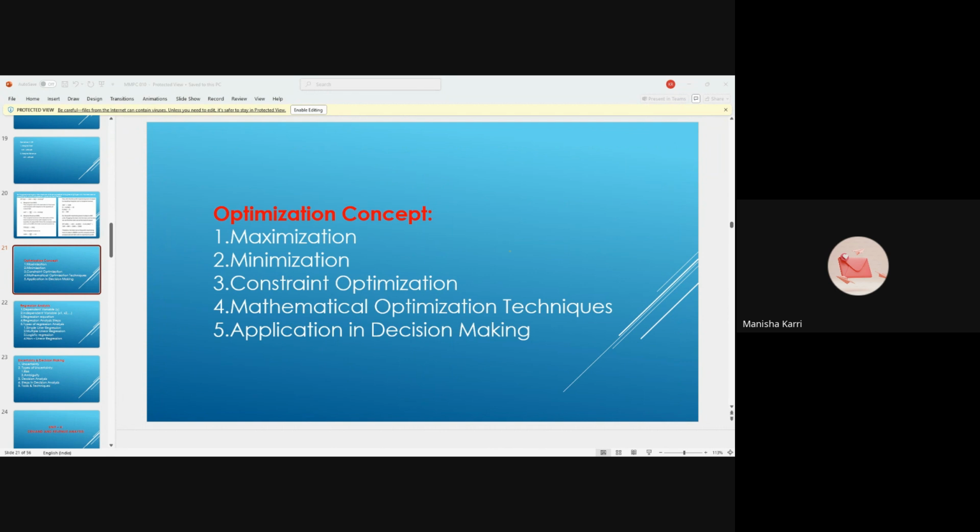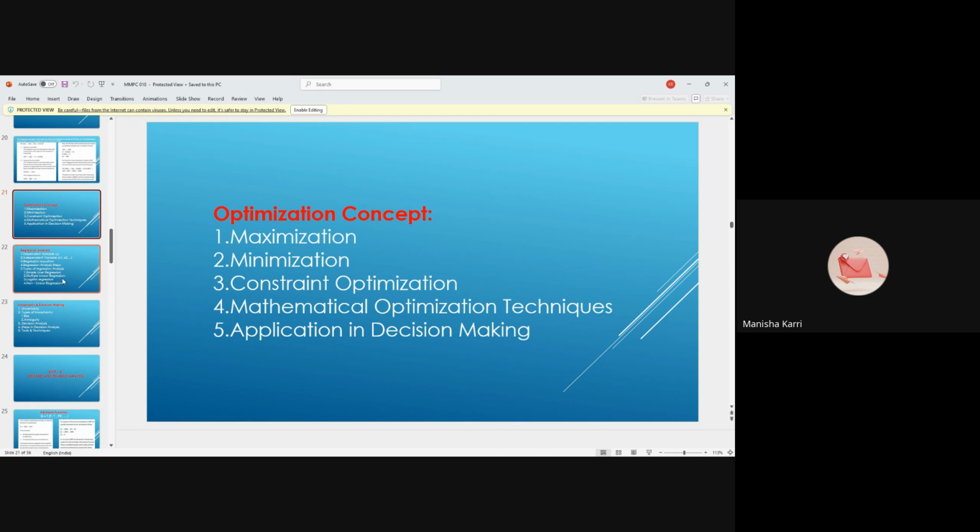So, applications in decision making. Optimizing concepts are applied in various areas of managerial economics, including production planning, inventory management, pricing strategies, and resource allocation. By optimizing decisions, firms can improve efficiency, reduce cost and enhance profitability. All these happen in these applications in decision making.